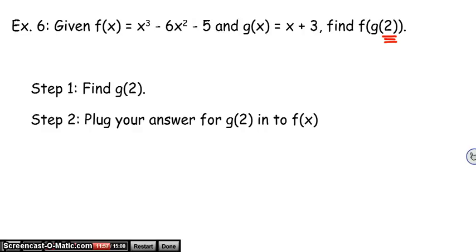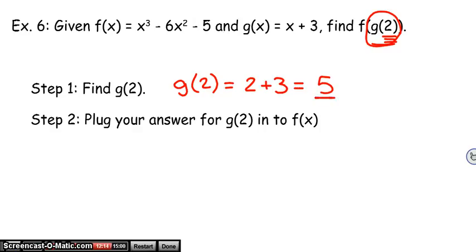Step 1, let's find g of 2, because that's what this expression is telling us to do. Find g of 2. So if we take the g function and replace its variable with 2, the answer is 5. So then we're going to take that answer, g of 2, and we're going to plug that answer into the f function. Well, the f function looks like this.